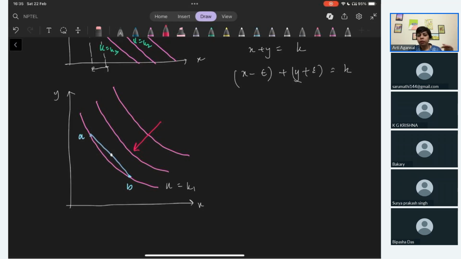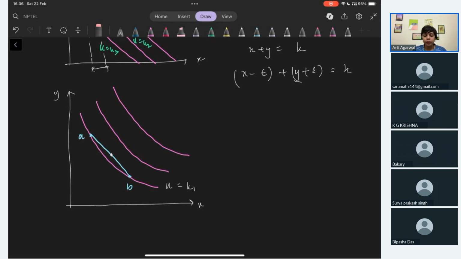You understand? Which is why just the slope of the curve alone is not the deciding criteria of whether preferences are convex or not. You have to be careful about which side the line segment is falling on when it comes to increasing and decreasing of utility.